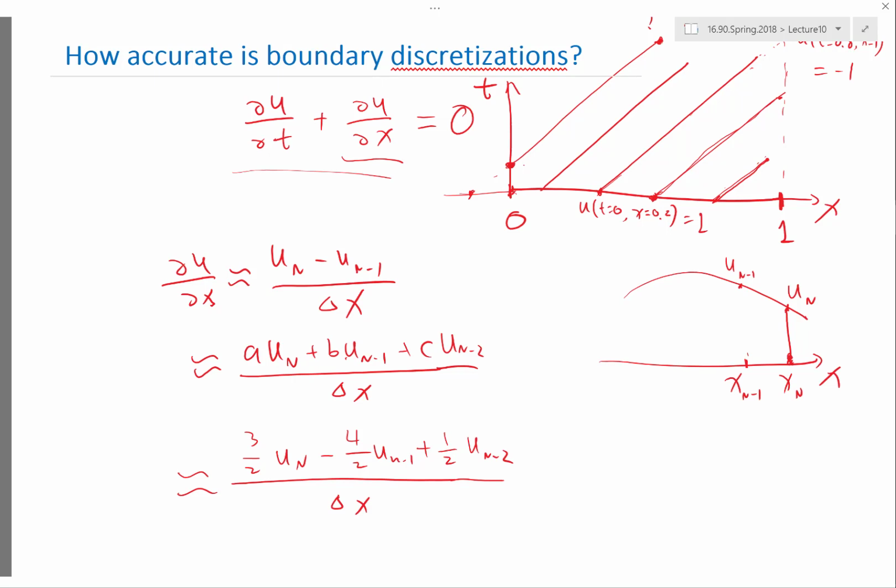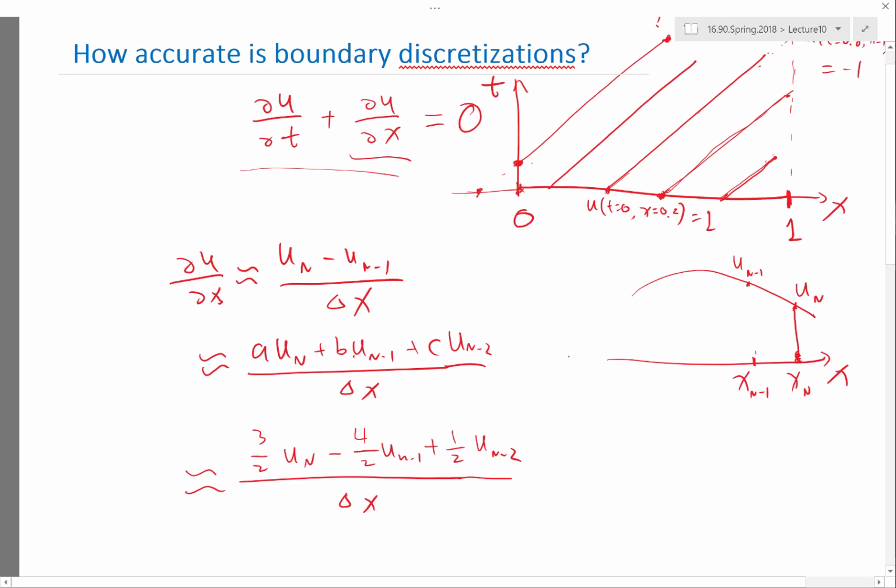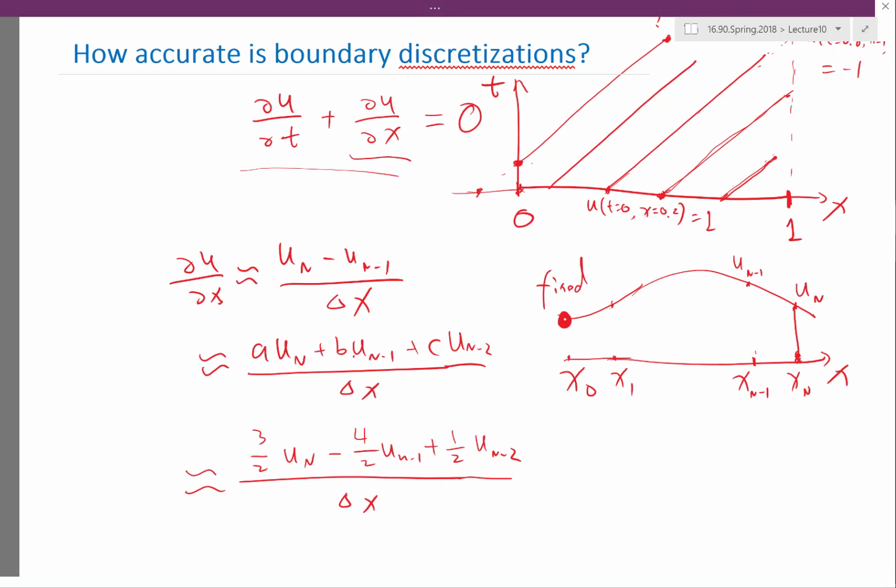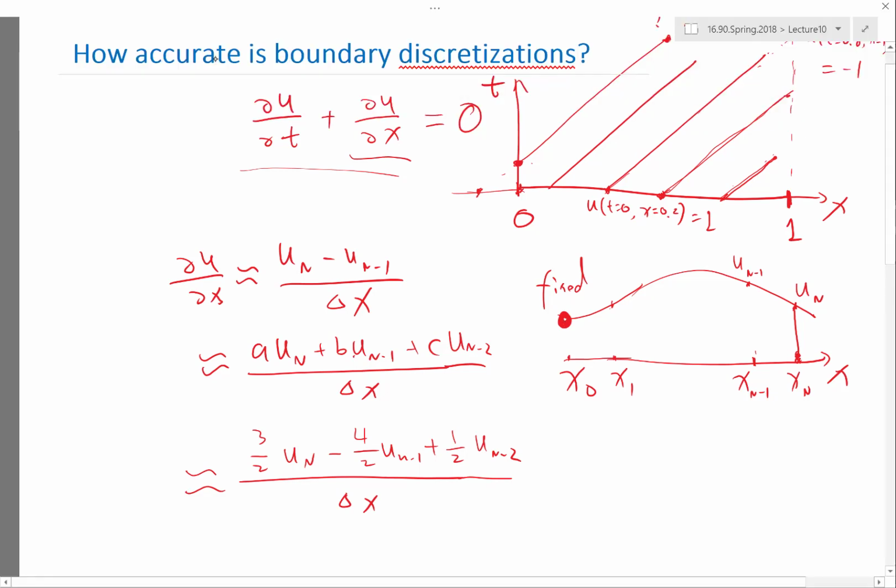And then the immediate next grid point, if x0 is known, it's fixed, then the equation at x1 just simply uses this fixed point as part of the discretization. So that's good. But now a more interesting question comes particularly in parabolic equations.